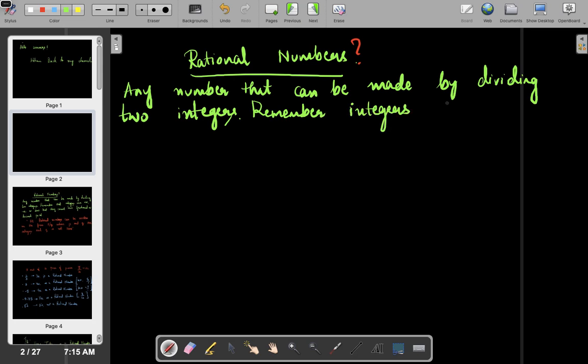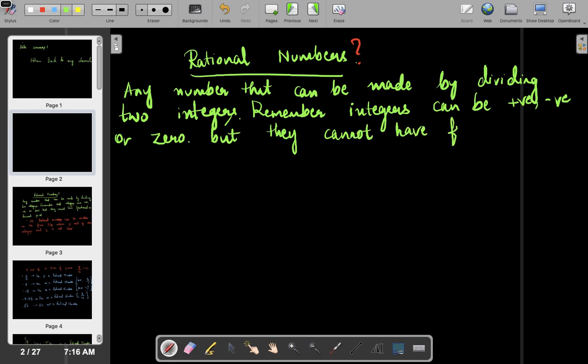Integers can be positive or negative or zero, but they cannot have fractional or decimal point. Okay?